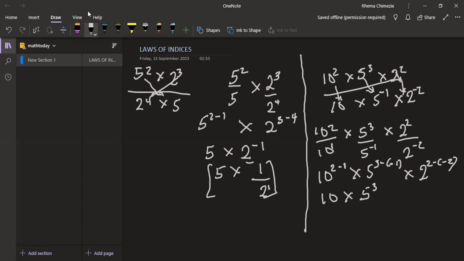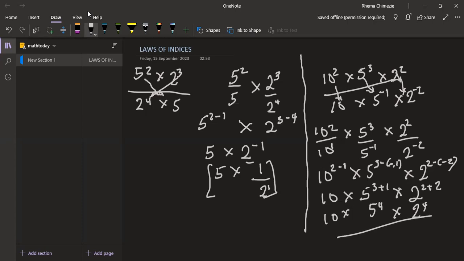In your sign rule, minus times minus is plus, so here we have plus 1, this becomes 4. The same thing applies here: minus times minus gives us plus 2. So at the end of the day, we are getting 10 times 5 raised to power 4, then times 2 raised to power 4.